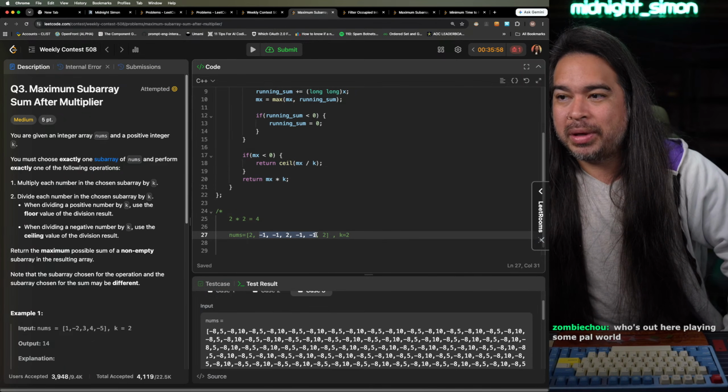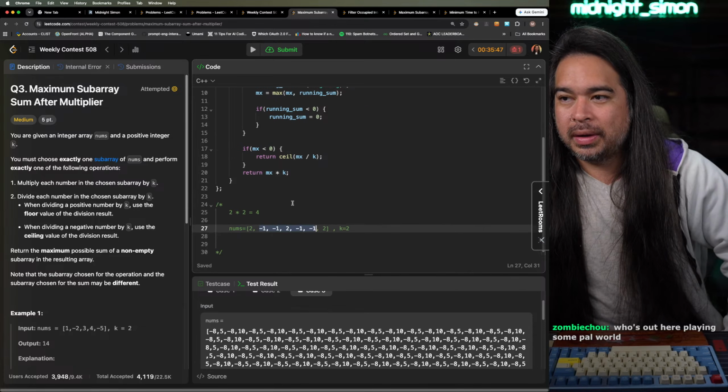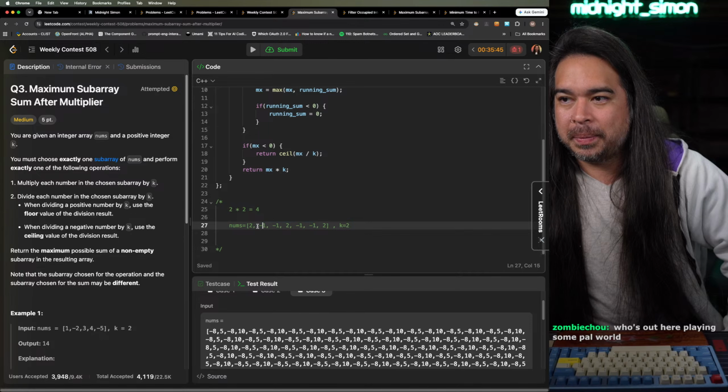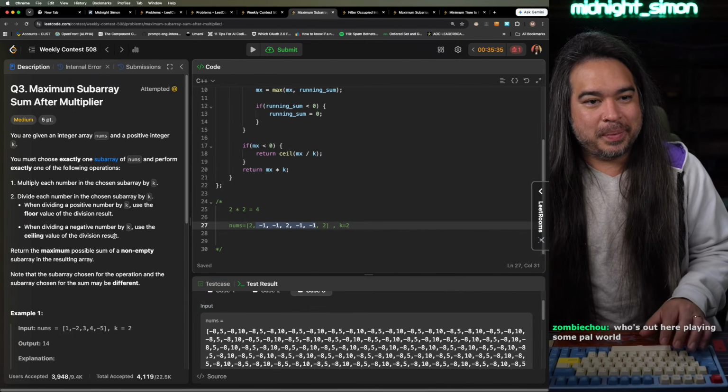If we found the minimum, most negative subarray, and we divided that part out, man, how do you do this?